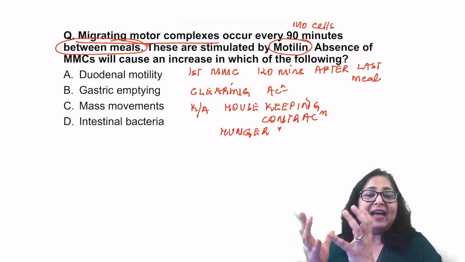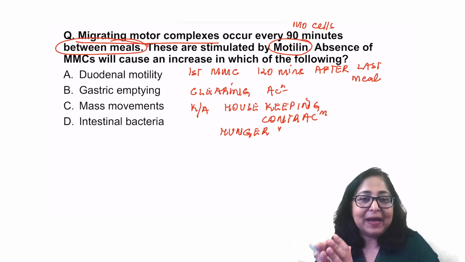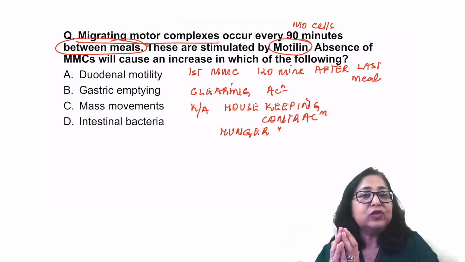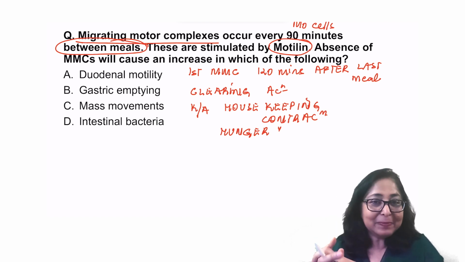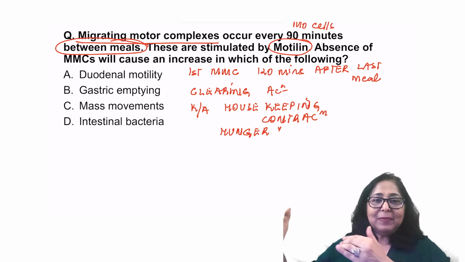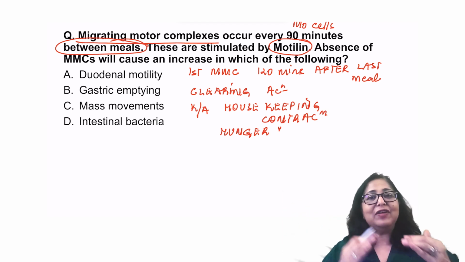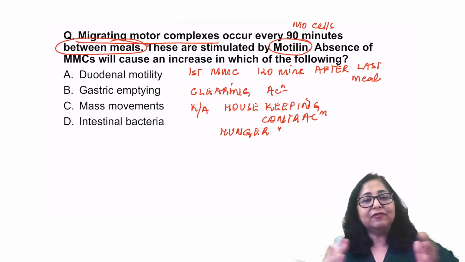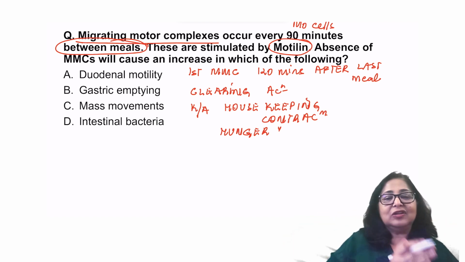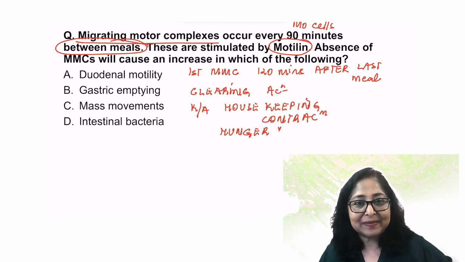So if the ileum gets colonized by colonic bacteria, absorption of these two very important substances will be affected. So because of the migrating motor complex occurring every 90 minutes, this ensures that the flow is from the ileum towards the colon and not in the opposite direction.